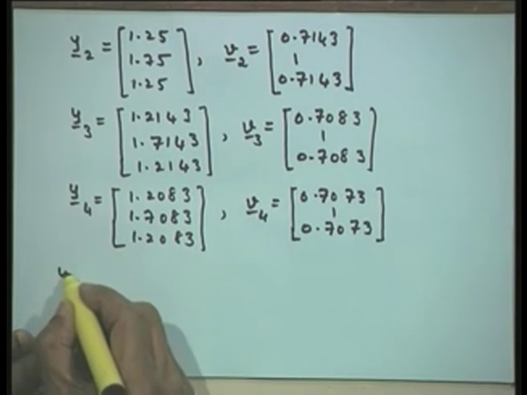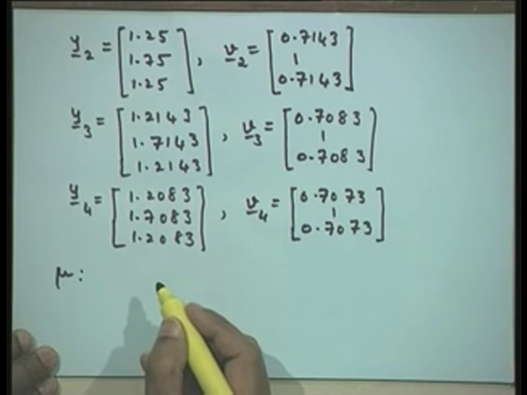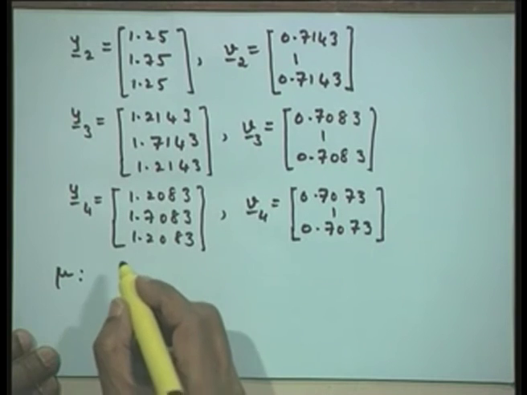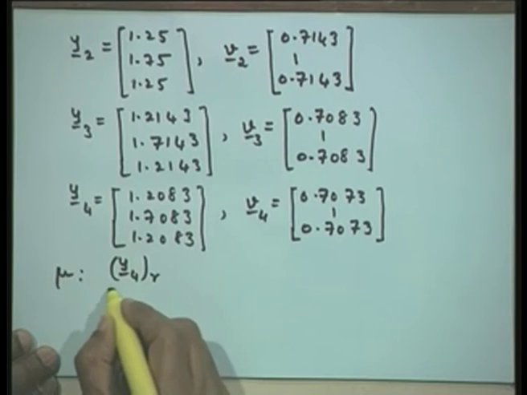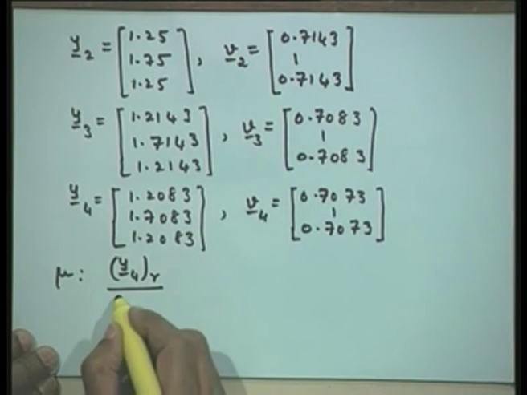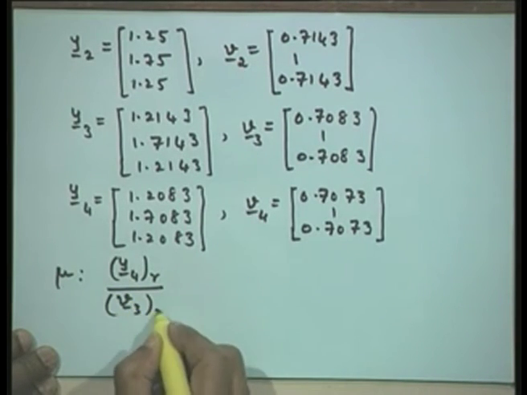Now, I need to find the ratios for this eigenvalue mu, which will be the ratios of the components of y4 and the previous v, that is your v3 components.